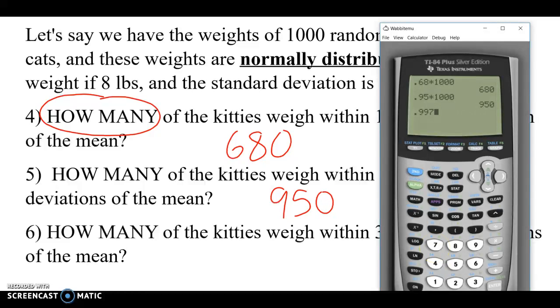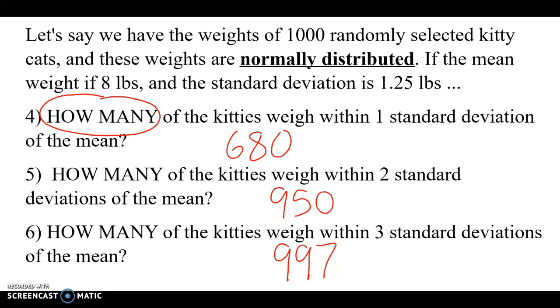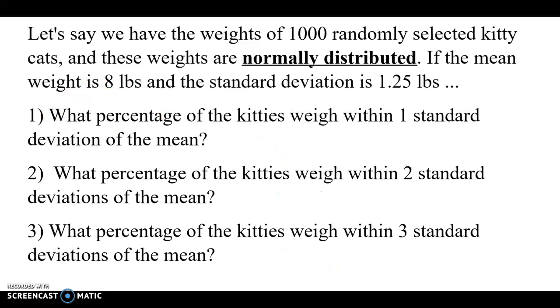So 99.7, you take the decimal, you move it 2 spots to the left, times 1,000 kitties is 997. Almost all of them are within three standard deviations. So make sure you know the difference between how many and what percent. Okay, that will come up here in a little bit.